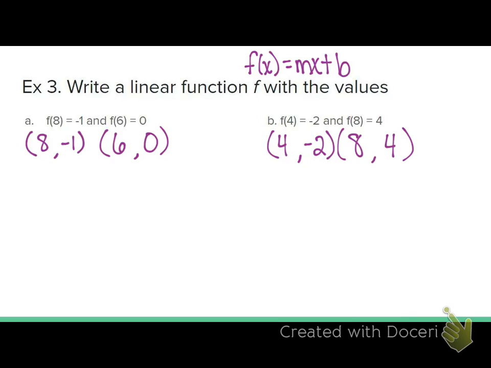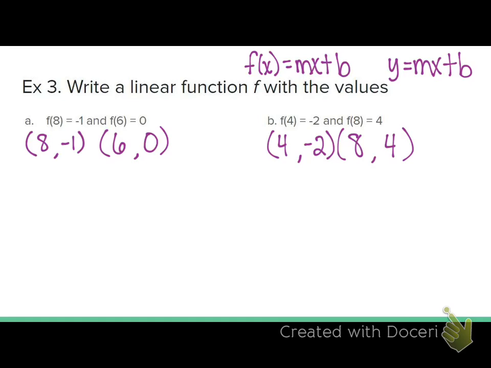You're going to find your slope. You're going to pick a point to put it in point-slope form. You're going to distribute the slope into the parentheses, and then you're going to get y alone. So if you would rather write these as y equals mx plus b, that's fine. We could always switch it over to an f of x for our final answer.